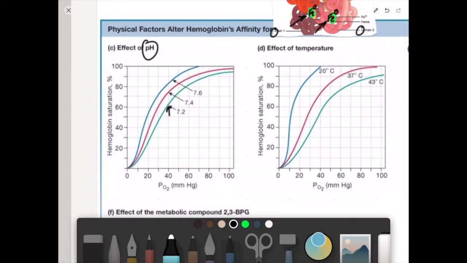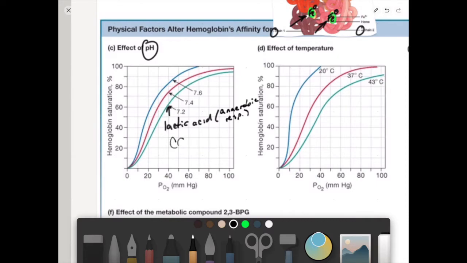And that's going to be lactic acid, which is formed by anaerobic respiration.